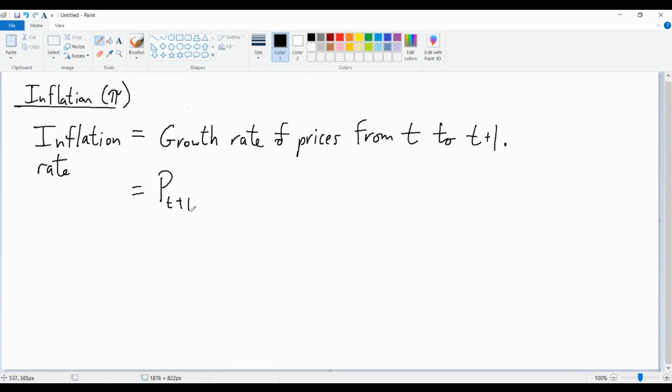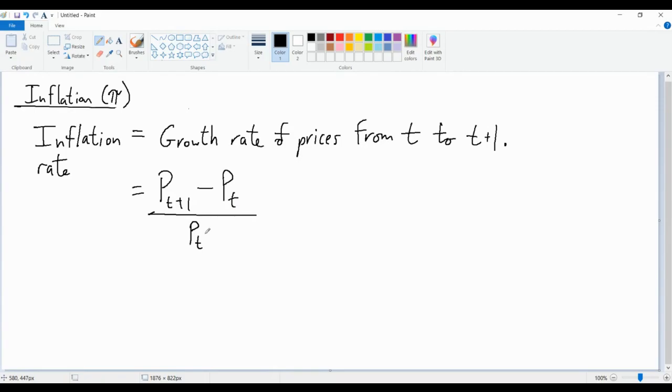Well, it's the prices in t plus 1 minus the prices in year t. To make it a rate, what we do is we divide it by where it started. So if P_t was 100, P_t plus 1 is 102, and we know there was 2% inflation.